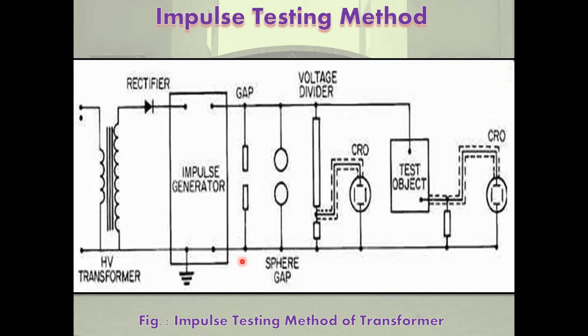Now, one sphere is preferably connected directly to earth and the frame of the transformer. The resistance connected in this circuit should be of low value. The other sphere is connected to the winding under test and the lead coming from the HV transformer or impulse generator.